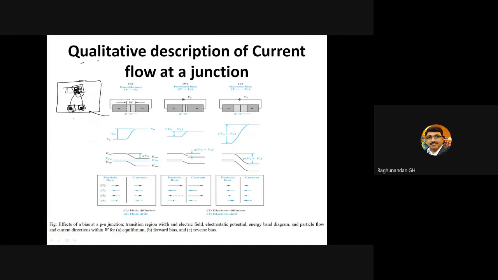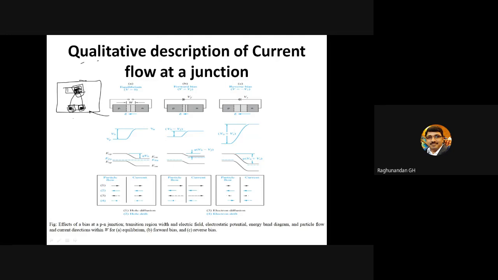Okay, as we already know that holes are immobile charge carriers. They cannot move, but they appear to be moving because of the change in the position of the electrons. That's why for the conduction process we need both electrons and holes.